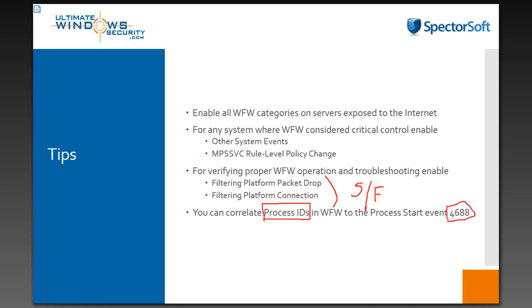That's your process start event. It will have the same process ID as the process ID in your Windows Firewall events. So that's pretty cool. If a firewall event lists a particular process and you want more information about how it got started and so on, then look backwards in time for 4688 with the same process ID.